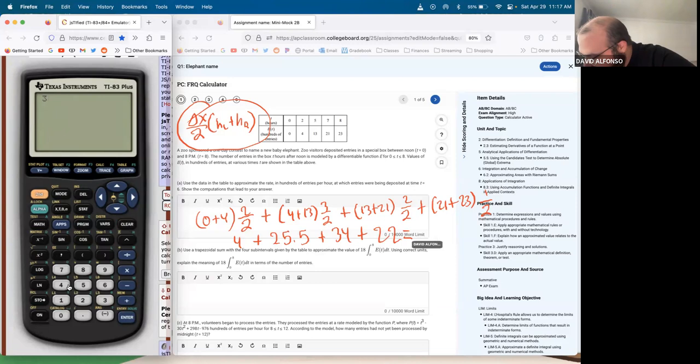So this would be, let's see, 4 plus 25.5 plus 34 plus 22. That's 85.5. But that's actually not the answer, because look at the integral that they're asking us to solve for.